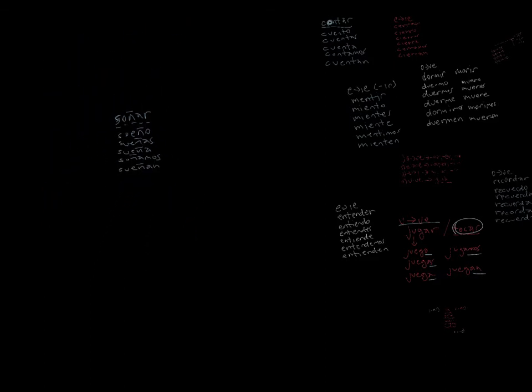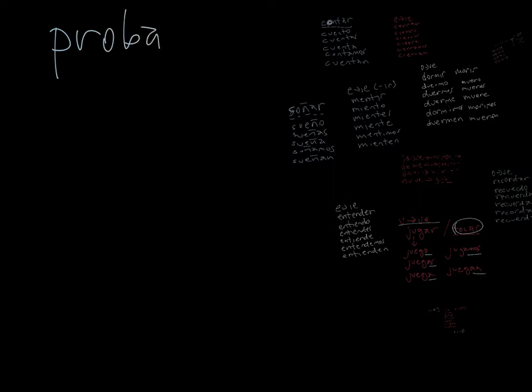Let's see. What else can we do here? To try on. To try is going to be probar. To try as in to sample. To try on is probarse. Okay, so if I say I try on clothes before buying, me pruebo la ropa antes de comprarla.